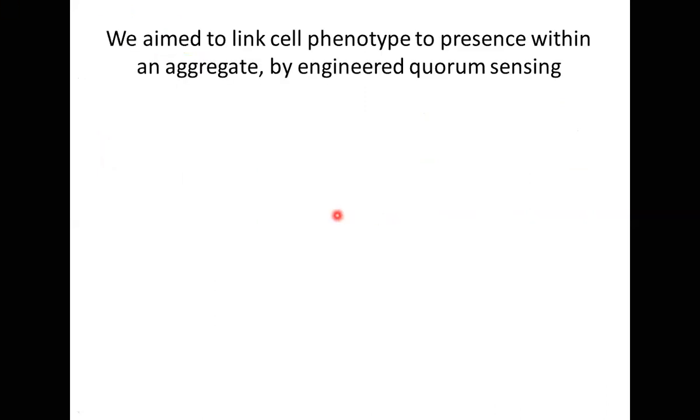Right? So finally, we were aiming to link cellular phenotype to the presence within an aggregate by engineered quorum sensing. So we're trying to get these cells to behave differently when they're in an aggregate as opposed to when they're on their own. Why would we want to do something like this? Fewer inducing steps. So in other words, you don't want to have to instruct your bacterium to first clump together and then second do the task that you have assigned it.